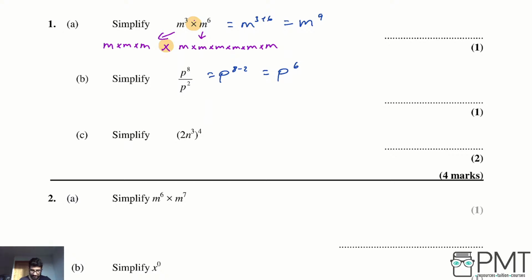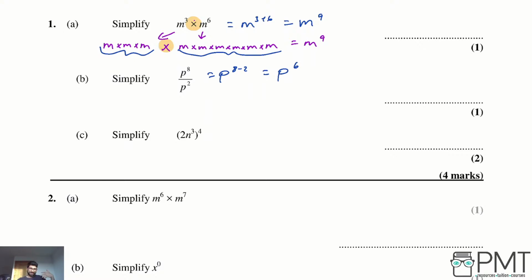Now you can see that you actually have 9 m's. Here there are 3 of them, and these are 6 of them. You can see how they're combined now. This is m to the 9. So this is why we have the rule: if you have the same base, m to the 3 times m to the 6 becomes m to the 9.